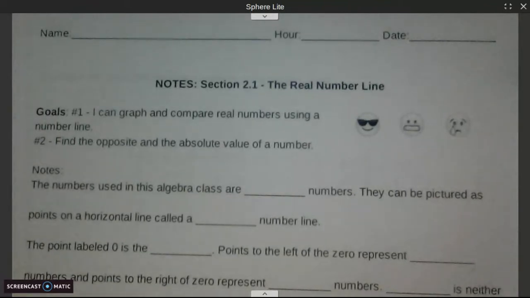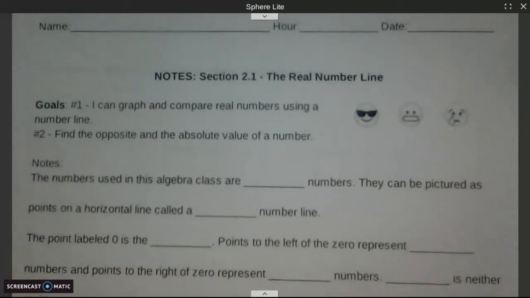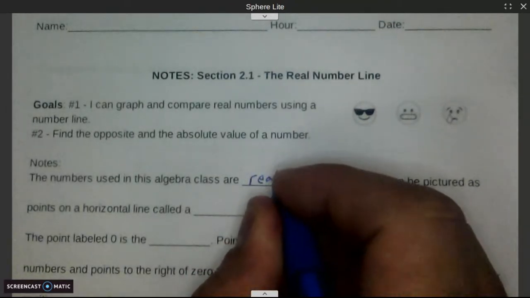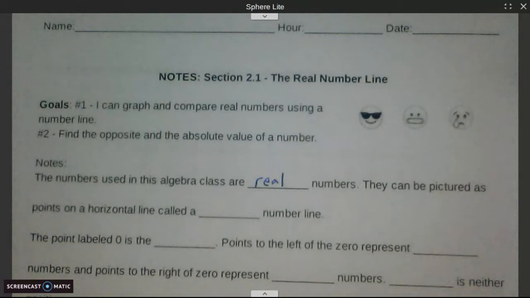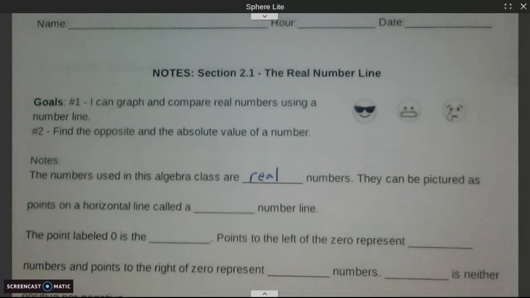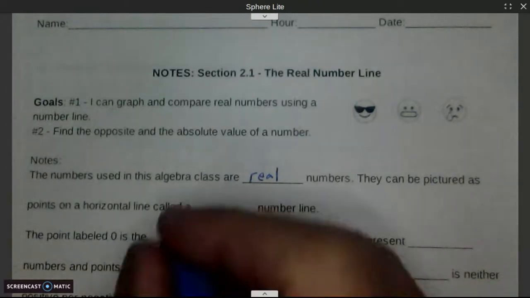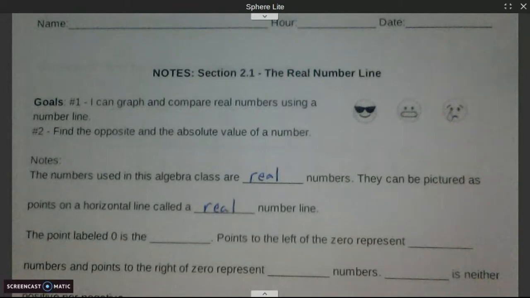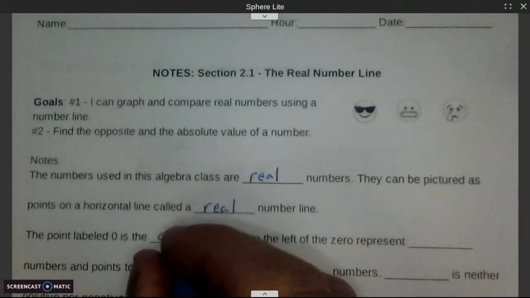The numbers used in this class are real numbers. So anything you see in this class will be real numbers. They can be pictured as points on a horizontal line called a real number line. The point labeled 0 is the origin.